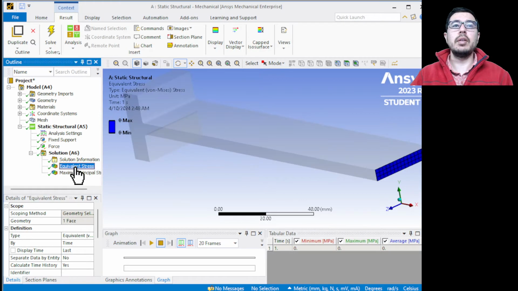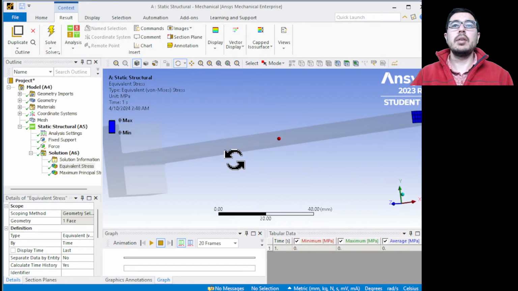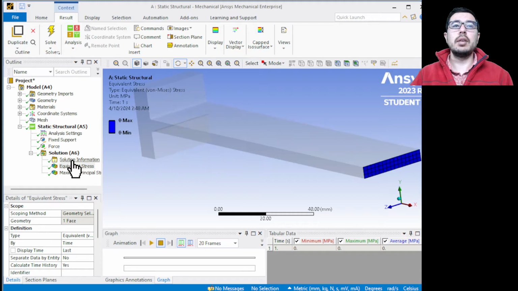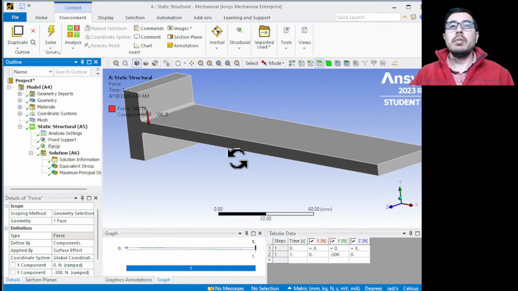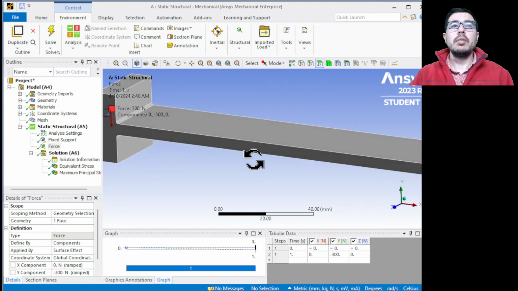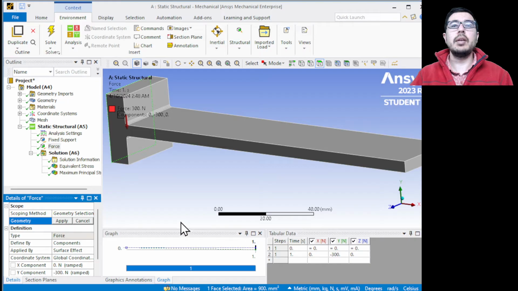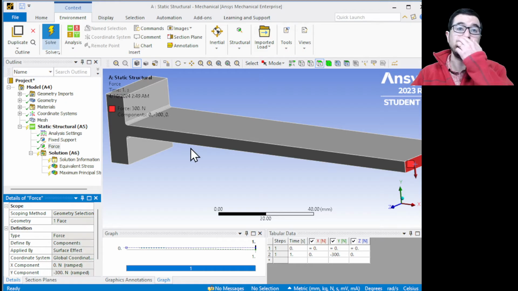Interesting. Okay, if we click on the equivalent stress, we also don't see anything very interesting. So what is going on? Where was this force applied? Oh, was it applied back there? That is not where we want it. So let's come back, because of course I made a mistake. Let's put it over here, and then hit apply here, and now we should be good to go.